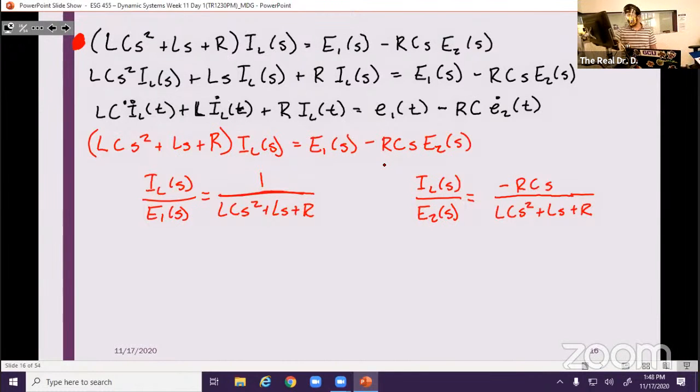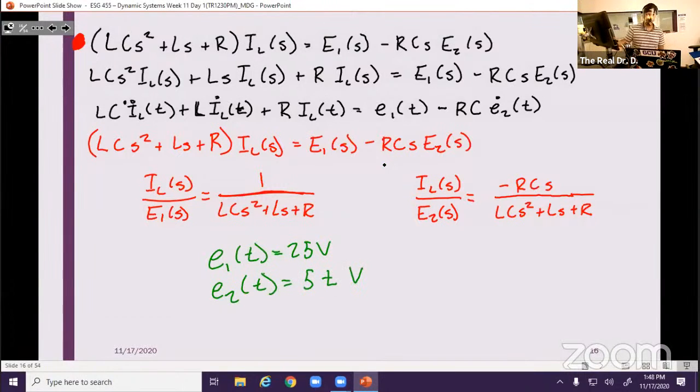Okay, you could have E1 of t equal to 25 volts and E2 of t equal to 5t volts. You could have these inputs, and that's great. It doesn't matter yet because we're finding the transfer function, and finding the transfer function means that this will work for any E1 and any E2.